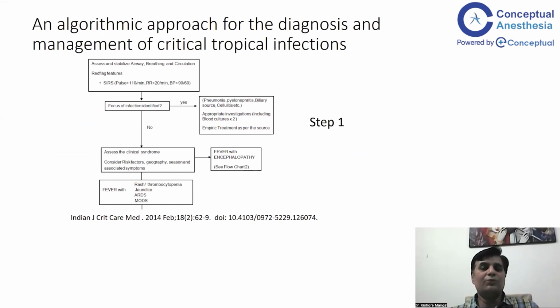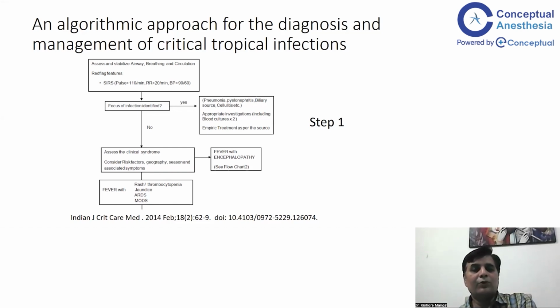As we do for any other type of infection or complication, first we have to assess and stabilize ABC, which is the work of the intensivist or the anesthetist. Always look for red flag features like the presence of tachycardia, tachypnea, and hypotension. If these are there, then the patient needs an urgent ICU admission.